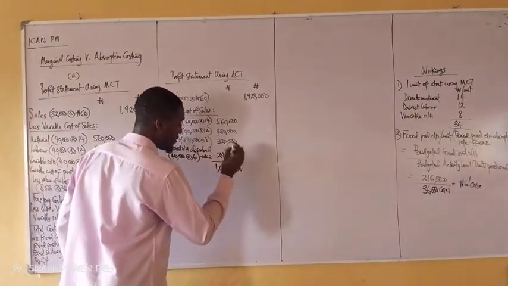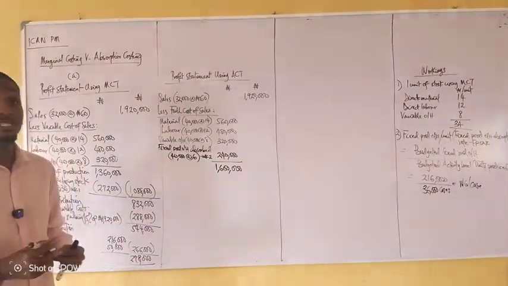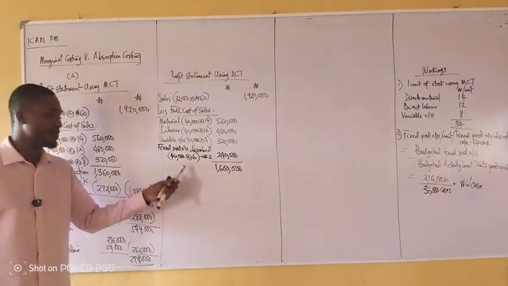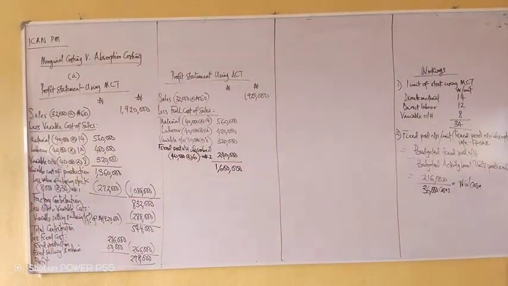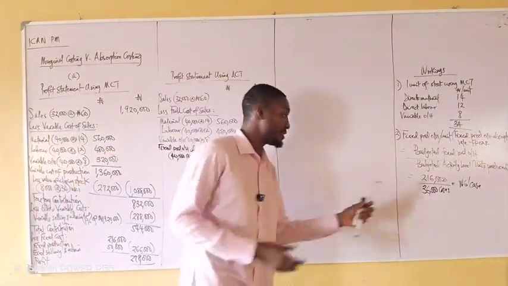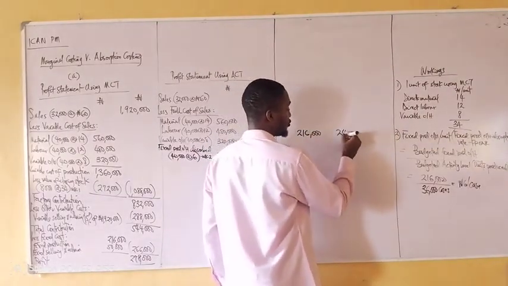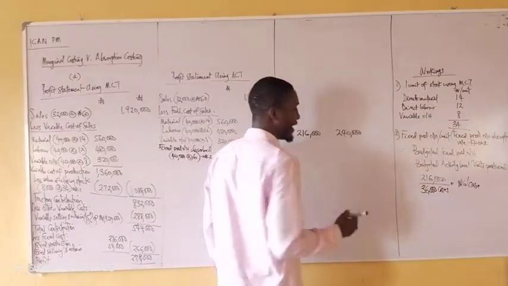Now the notes will be on how to easily detect if it is over or under absorption. On face value, did we over absorb or did we under absorb? We over absorbed. We took more than the actual. So the actual is 216, but we took 240. Now let's see why this is so.